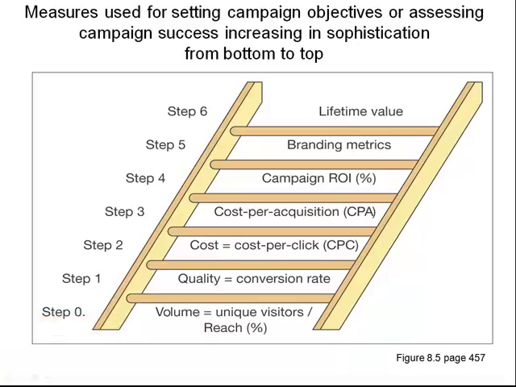If you think about the quality or conversion rates, we'll talk about that in a couple of slides, but conversion rate basically is of the impressions that I had, how many customers actually clicked on the campaign or the ad that I offered up. And then the cost per click, of the dollars that I spent, if you divide that, how much did each one of those clicks cost me?